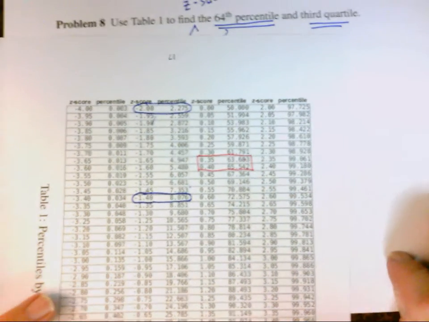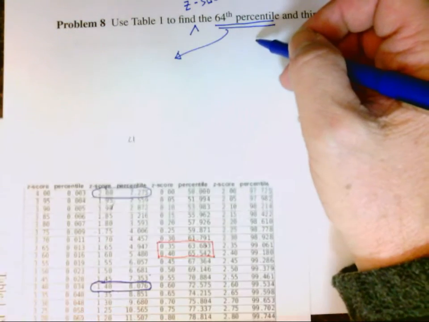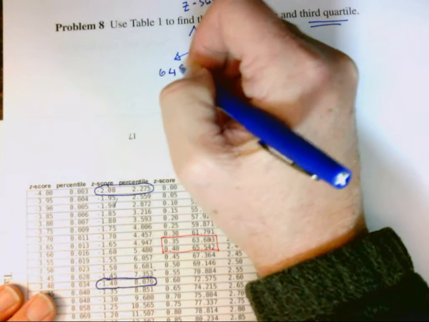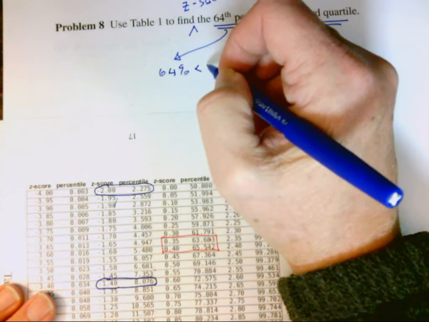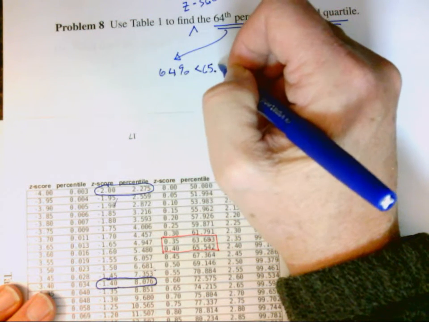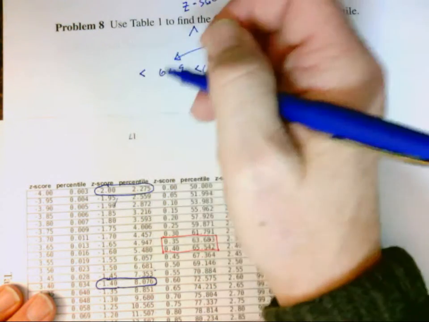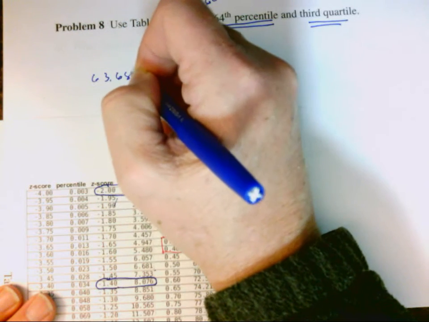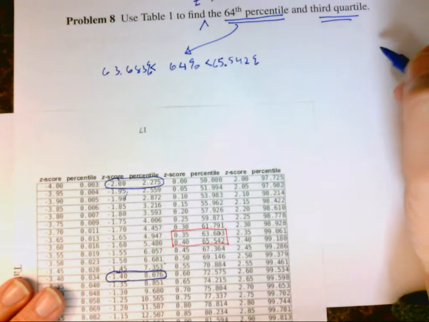So I'm going to copy this data onto this sheet here. So 64% is between 65.542% and 63.683%. That's rather sloppy.